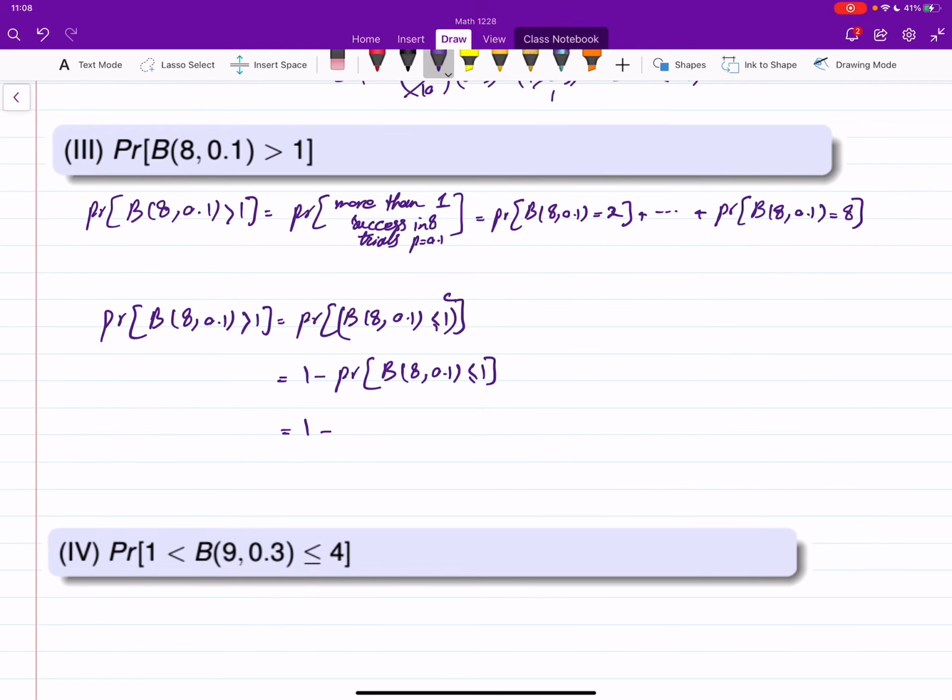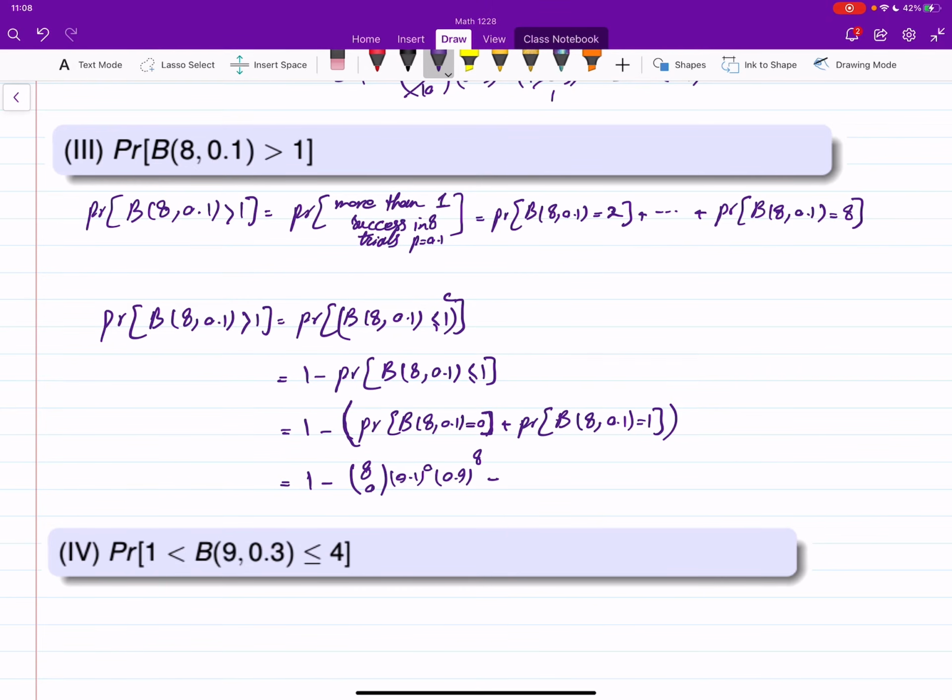At most one success means that either we have no success or we have exactly one success. So here, 1 minus 8 choose 0, 0.1 to the power 0, 1 minus 0.1 is 0.9 to the power 8.